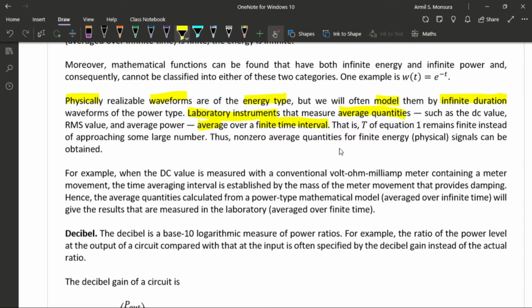Since practical waveforms have their duration truncated, finite instead of long, those laboratory instruments that measure the average quantities that we compute here may actually be for energy signals.